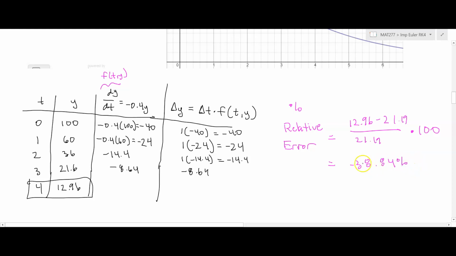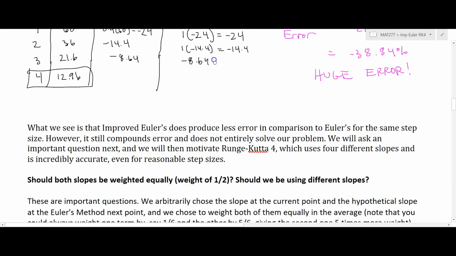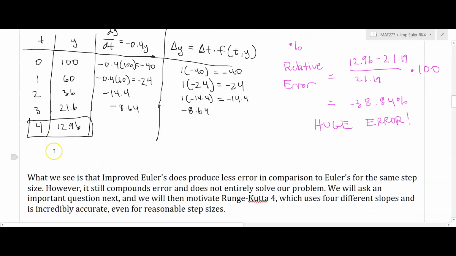Holy mackerel, that's huge. That's a huge error. As a result, we wouldn't want to use a step size of 1. This is fairly common with Euler's method, so nothing unexpected has happened here.